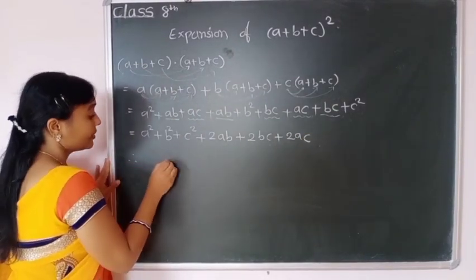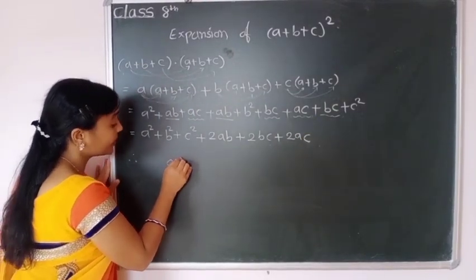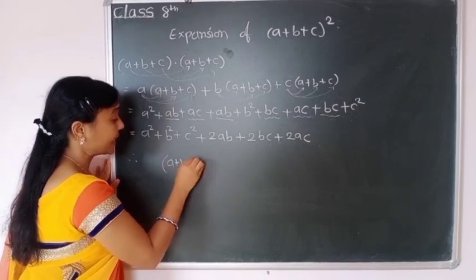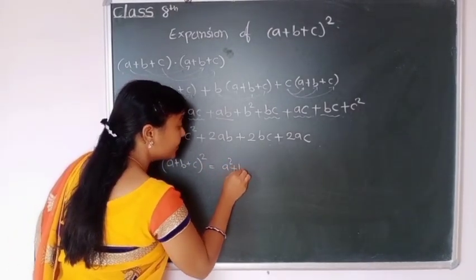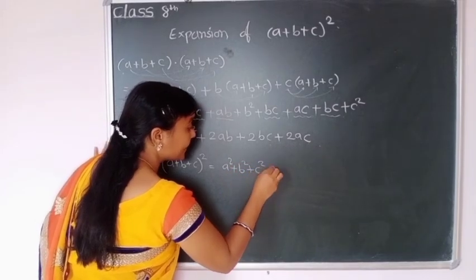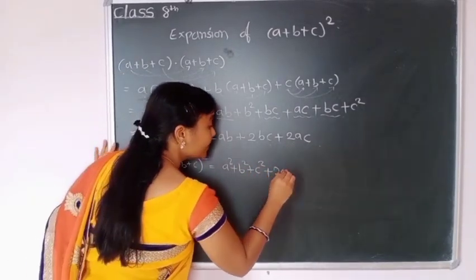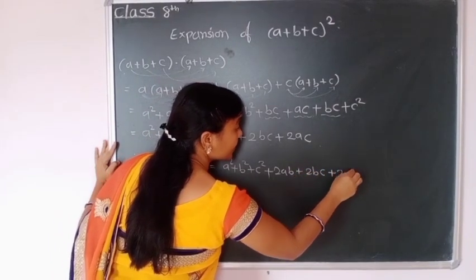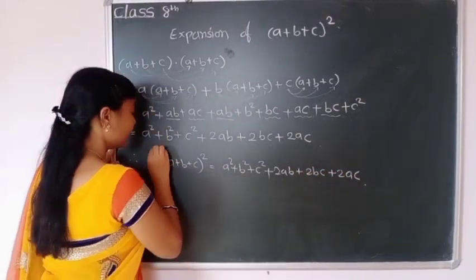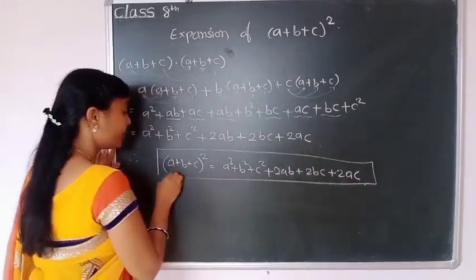This is our next formula: (a + b + c) whole square equals a square plus b square plus c square plus twice ab plus twice bc plus twice ac. This is the expansion of this formula.